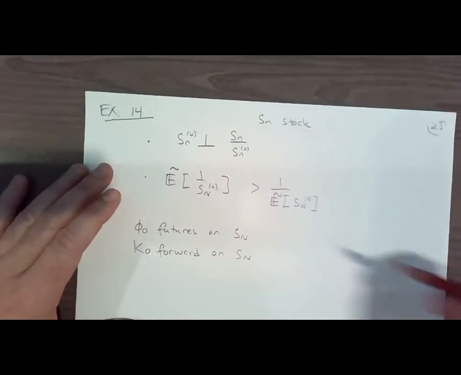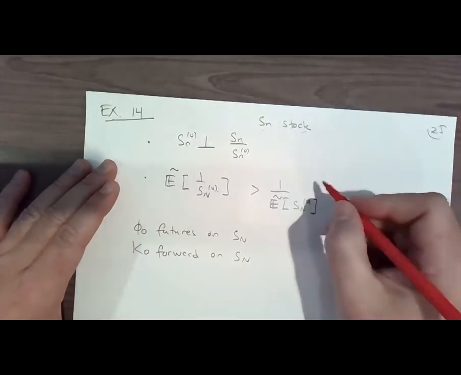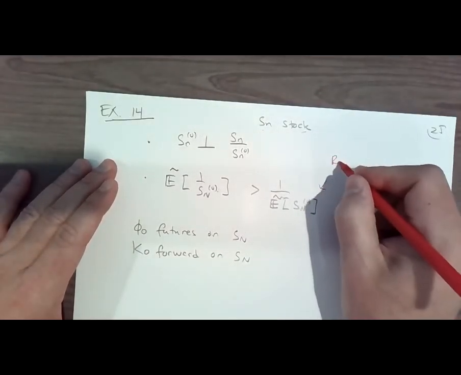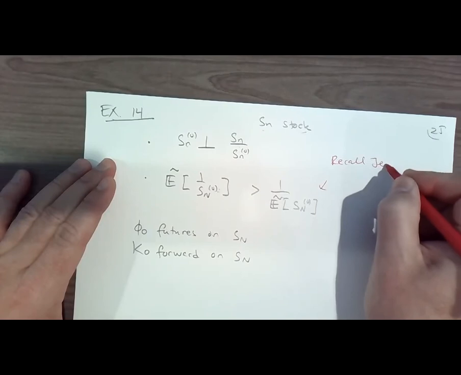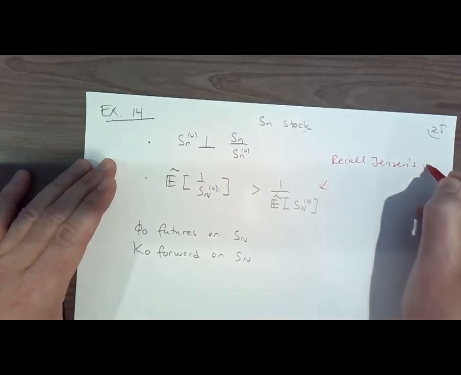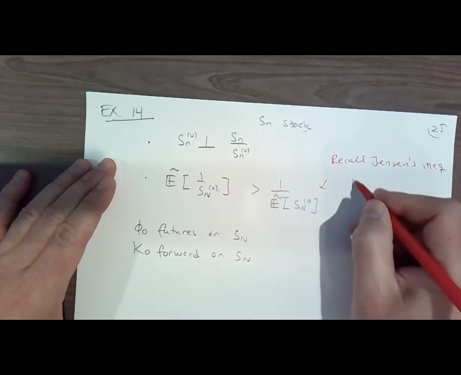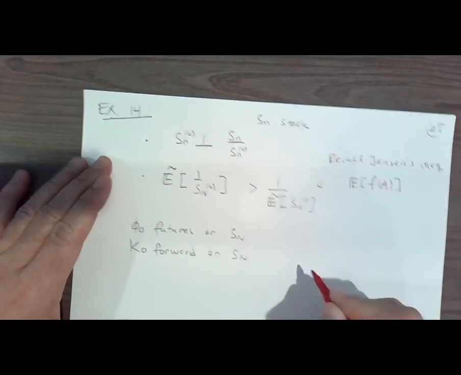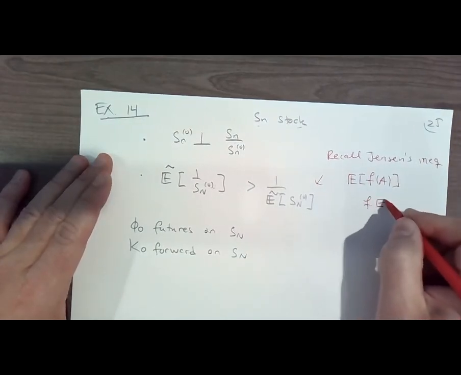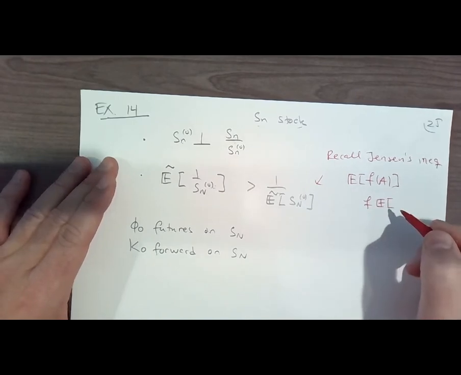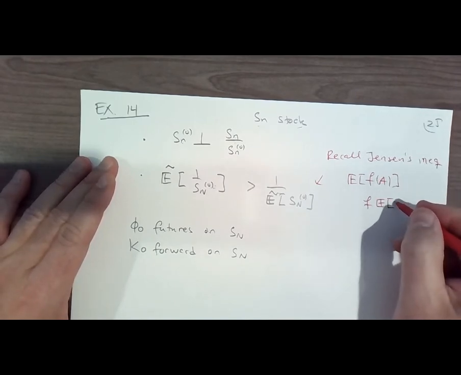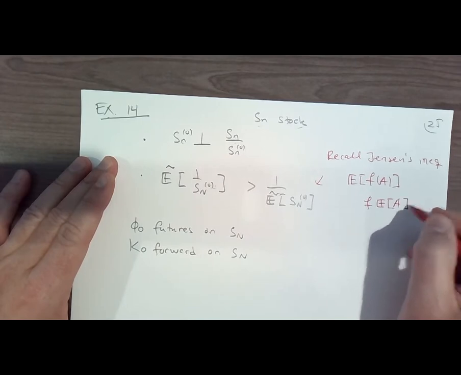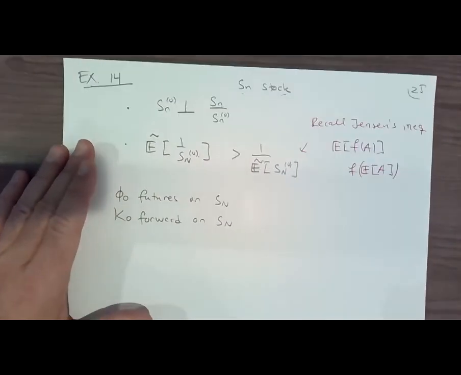So we should recall Jensen. If I take an expectation of a function of a random variable, there's a relationship to what happens when I put it outside. Does anybody remember which one is biggest?